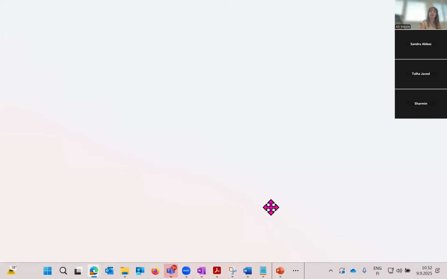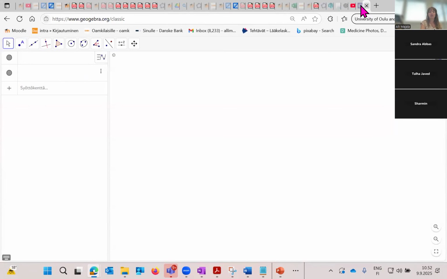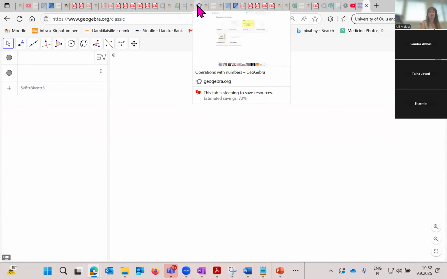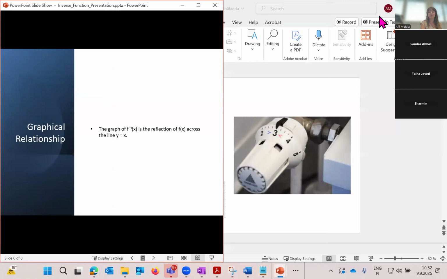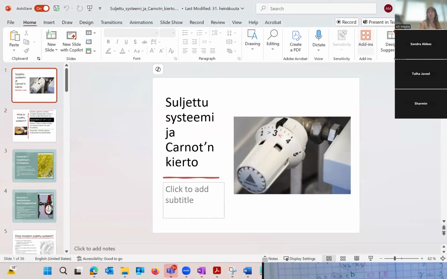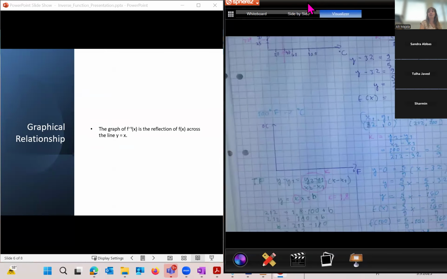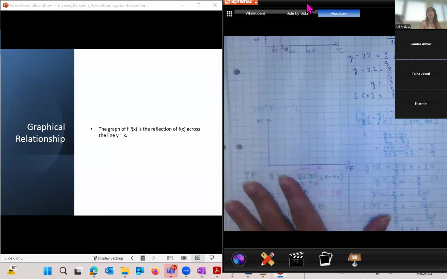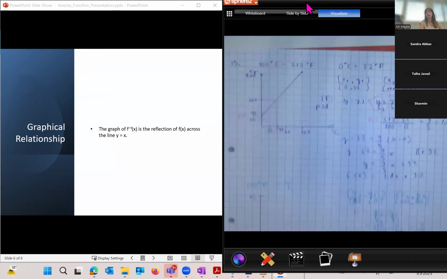I think, okay, this works. I don't know why this doesn't work, because I actually have too many pages open. Okay, I can still try to do it again. And this is not supposed to be here. So we did this function and then an inverse function.